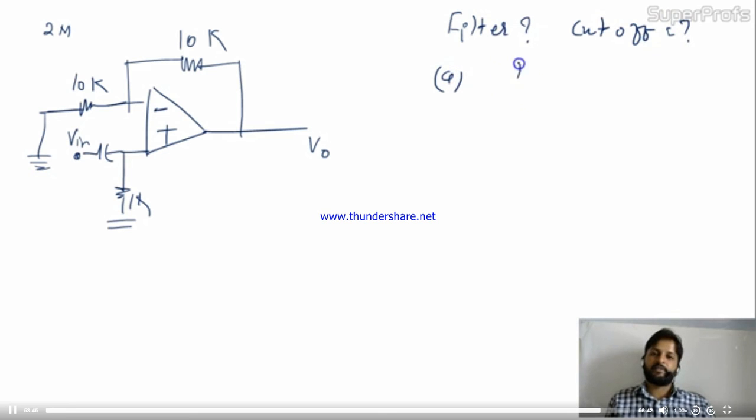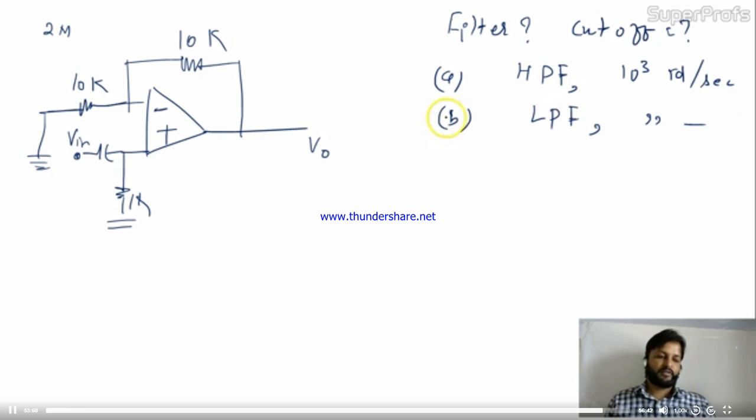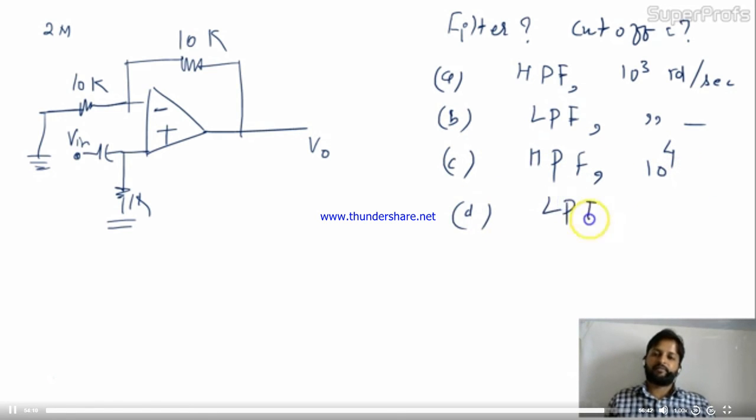Option A, HPF and 10 to the power 3 radian per second. Option B, LPF with the same value. Option C, HPF with 10 to the power 4, and option D, LPF with 10 to the power 4.